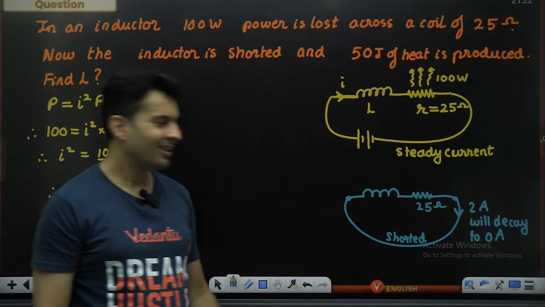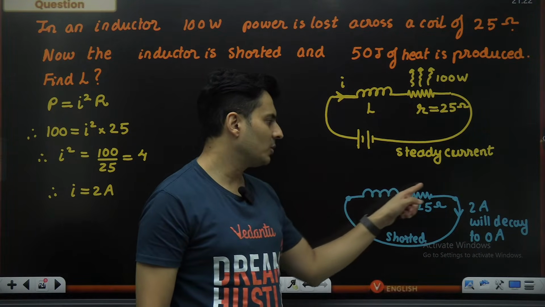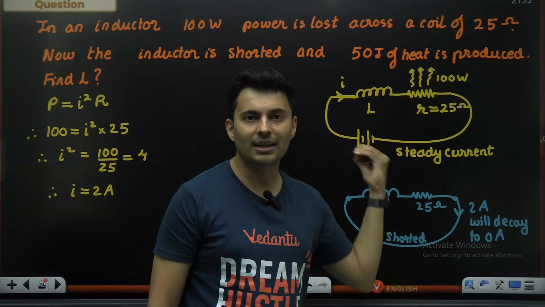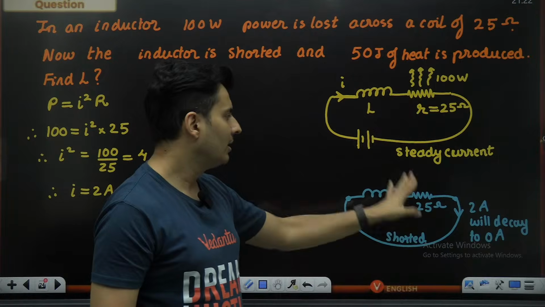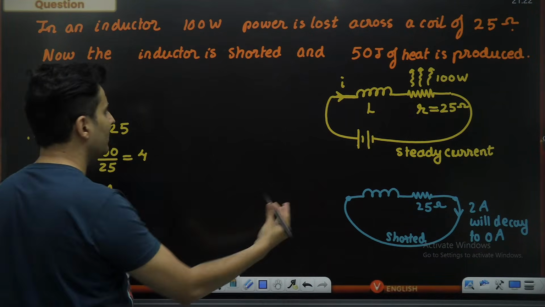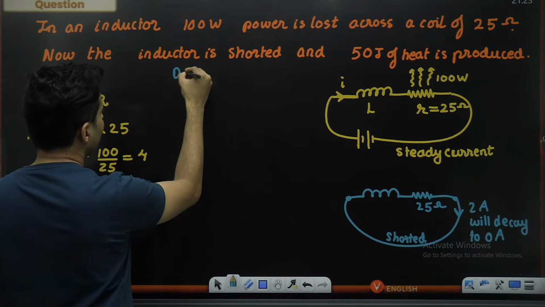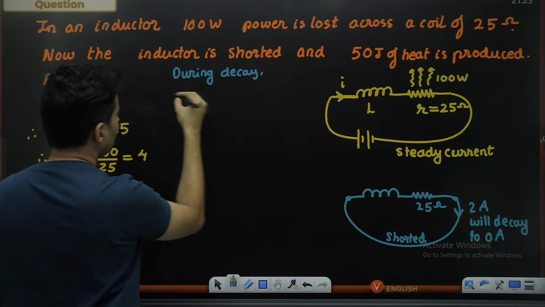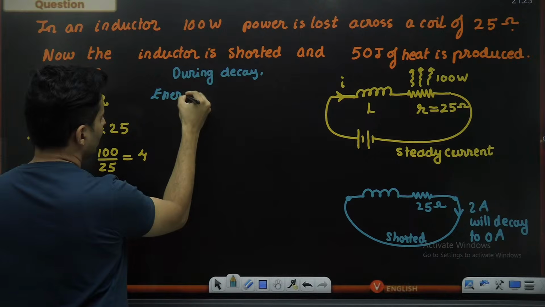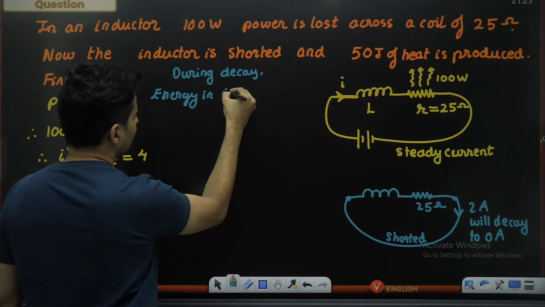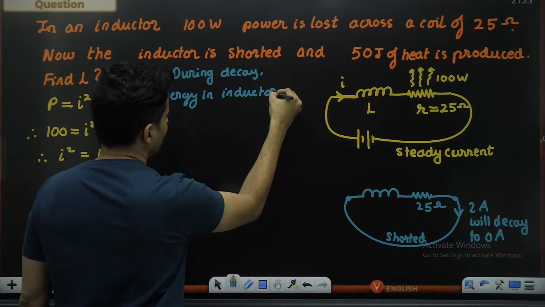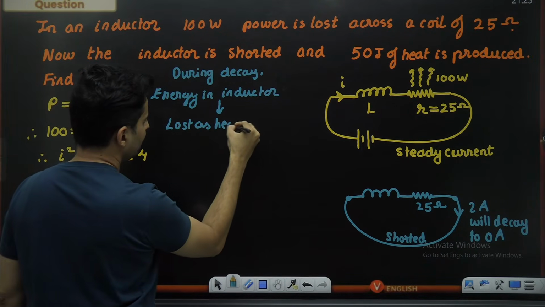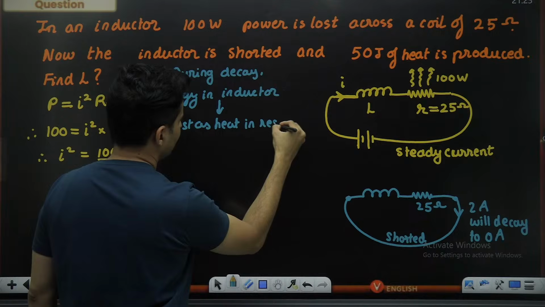That's very important. Why? Because whatever energy was stored, slowly that resistance will eat up, and eventually all that energy stored in that inductor will be lost in that resistor. So during that particular decay, the energy which is stored in the inductor is lost as heat in the resistance.